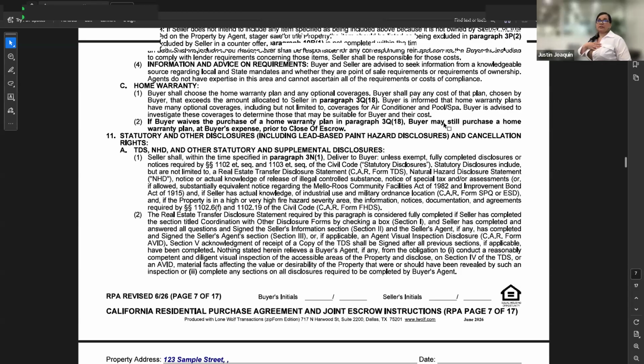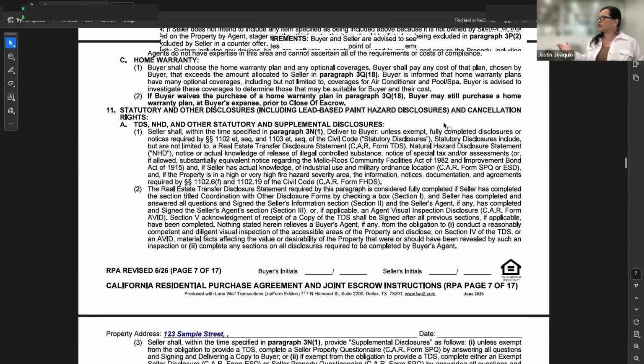This is what this contract says, right? The very last sentence in 4, agents do not have expertise in this area and cannot ascertain all of the requirements or costs of compliance. I can guide you. I can show you those resources. I can help you, right? Once we get reports to the best of my ability, but I'm not responsible, obviously, right? I don't have expertise in that area.